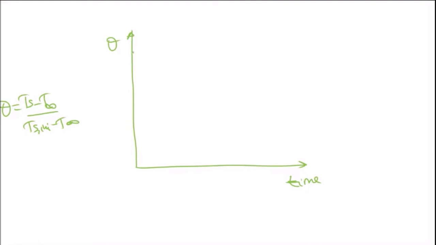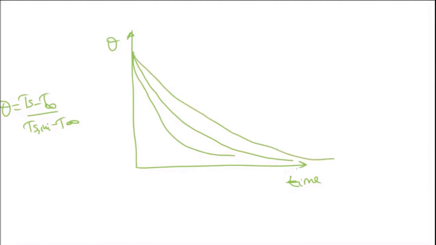So you can have different shapes for the temperature change. This is one possible case, this is another possible case, and this is the third possible case, if I make the time axis longer.